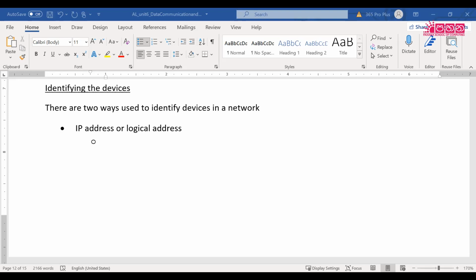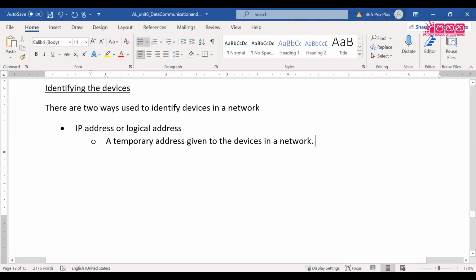It's a temporary address given to the devices in a network.